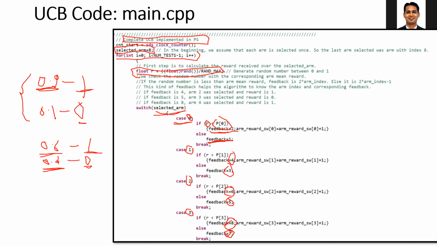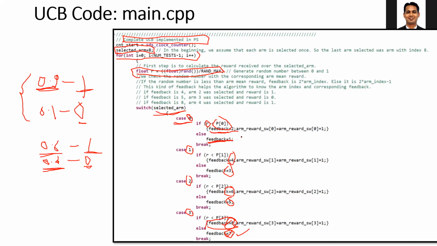When R is less than the corresponding probability, you send an even number, which indicates the reward is 1. If it is an odd number, the reward is 0. So the feedback is designed such that by looking at it, you know which arm was selected and what the corresponding reward was.